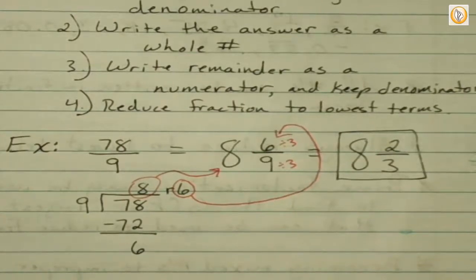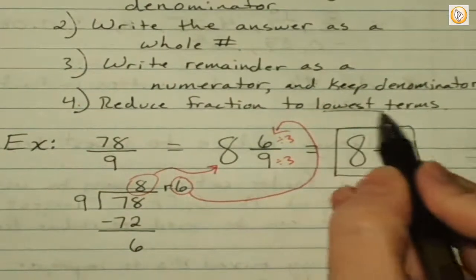On our worksheets, if we reduce it, but you're supposed to reduce it again, do we just write the first reduction? No. It has to be in lowest terms.